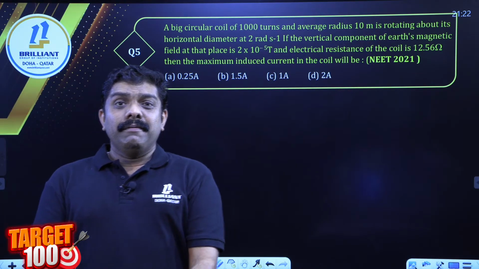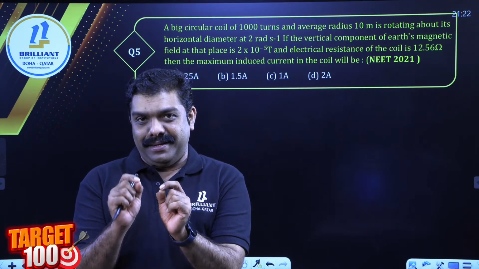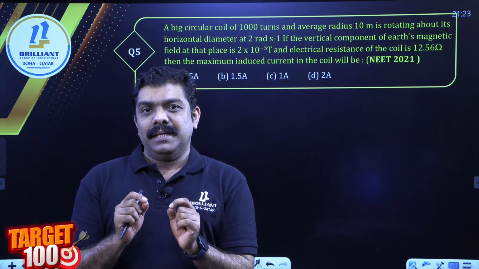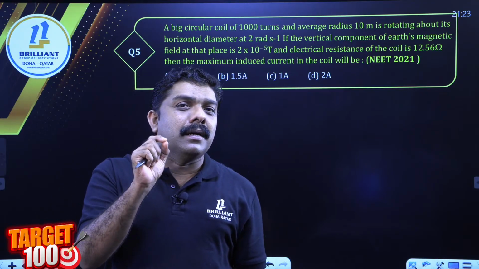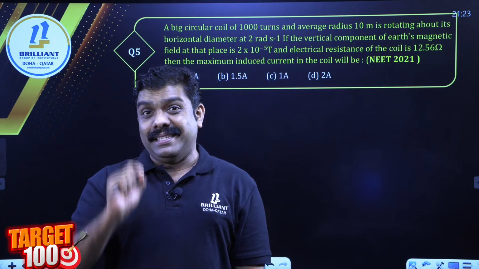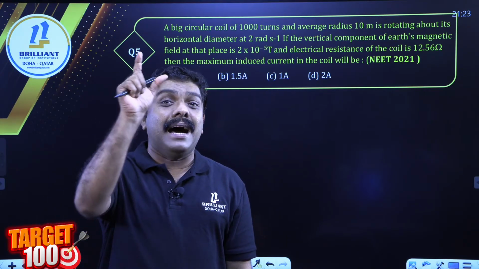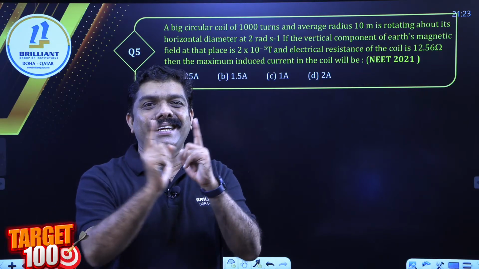Dear students, we know when a coil is rotating in a magnetic field, it will experience an EMF. At the end of the chapter EMI, we studied the AC generator. In an AC generator, there is an armature coil that is rotating.